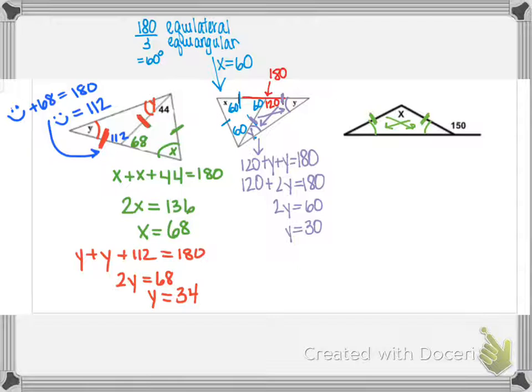Now, since exterior angles are formed from a line extended out, we know this is going to make a full line right here. So remember, this is going to be 180 degrees. If I take 180 minus 150, I'm going to get 30 right here for this angle.